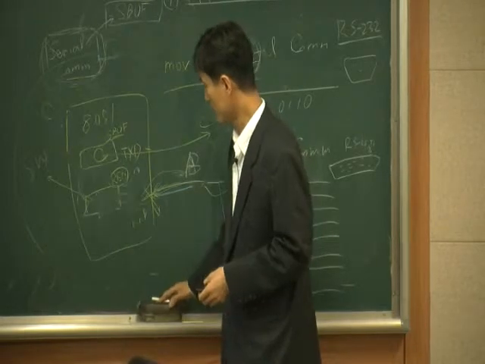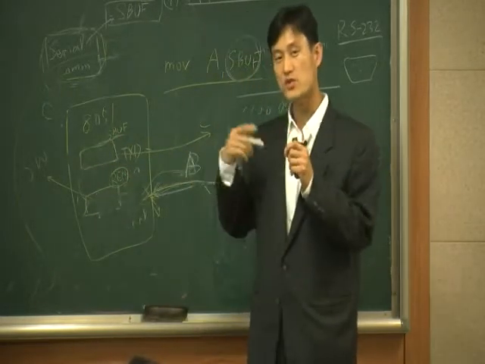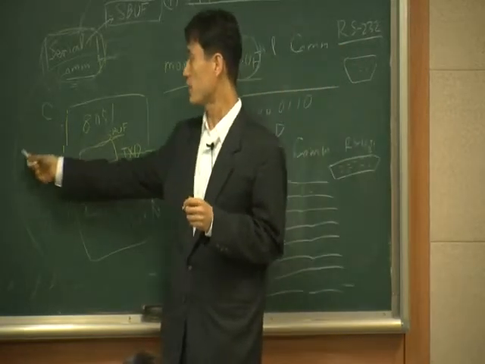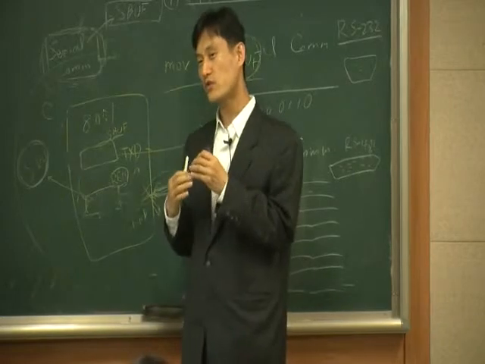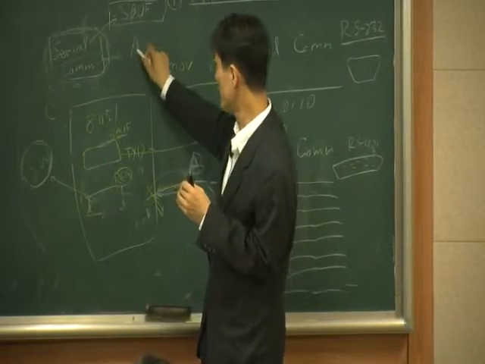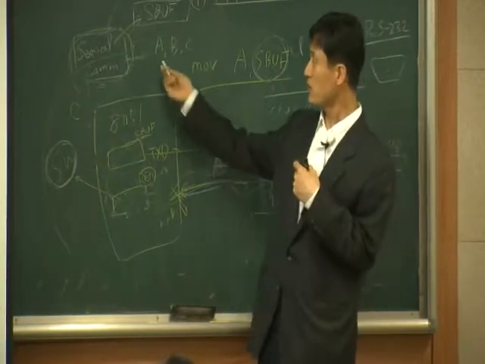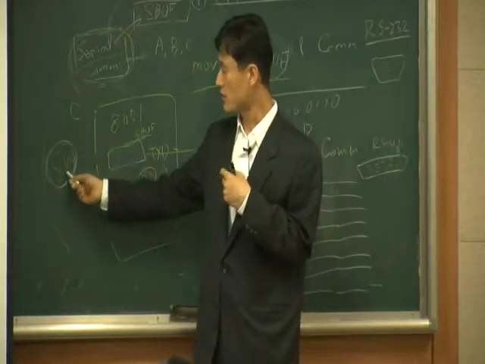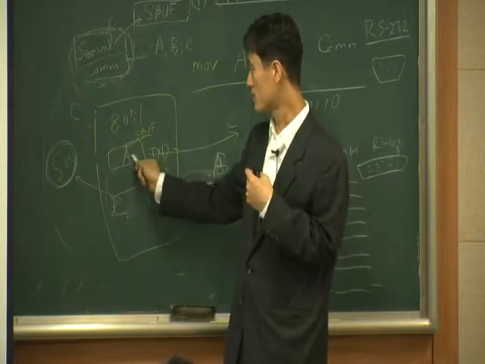Another thing is, let's think about the transmitter side. Let's say my software wants to transmit the letters A, B, C. What I do is write the A value here.